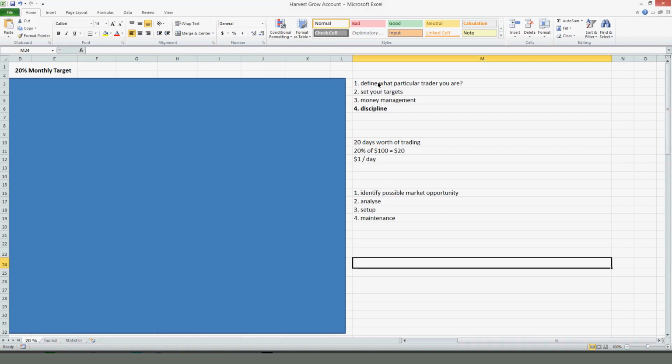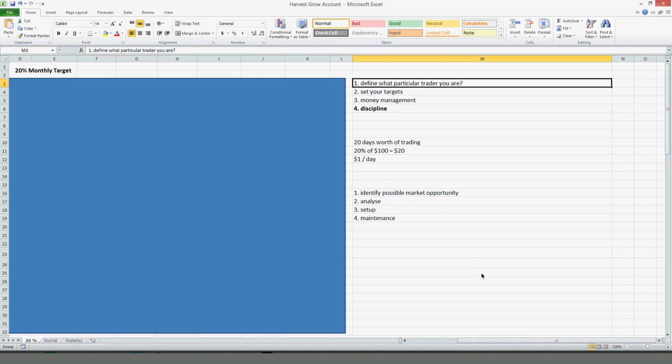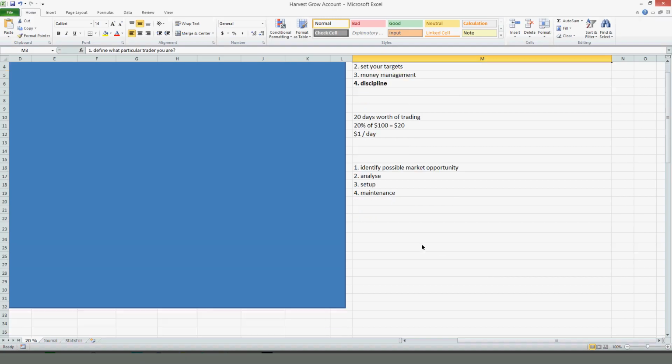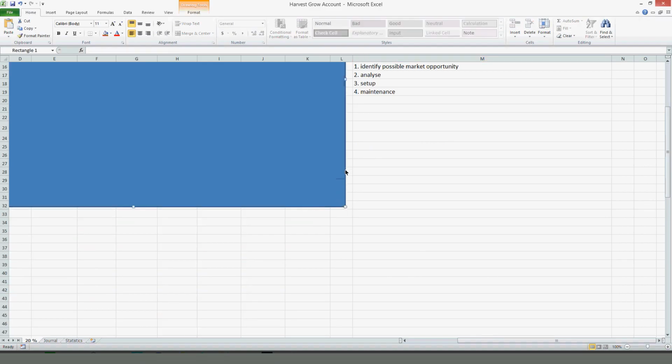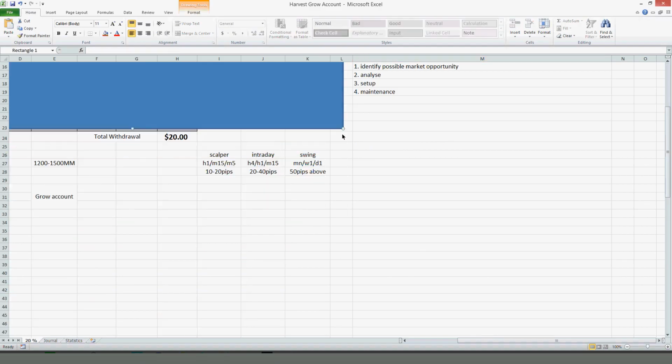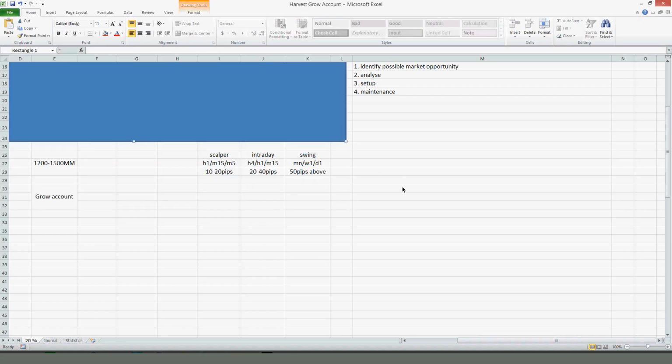But the first thing that a trader needs to question yourself is you have to define what particular trader you are. There are three main types of trader. First of all is the scalper, which is myself. I'm more of a scalper.